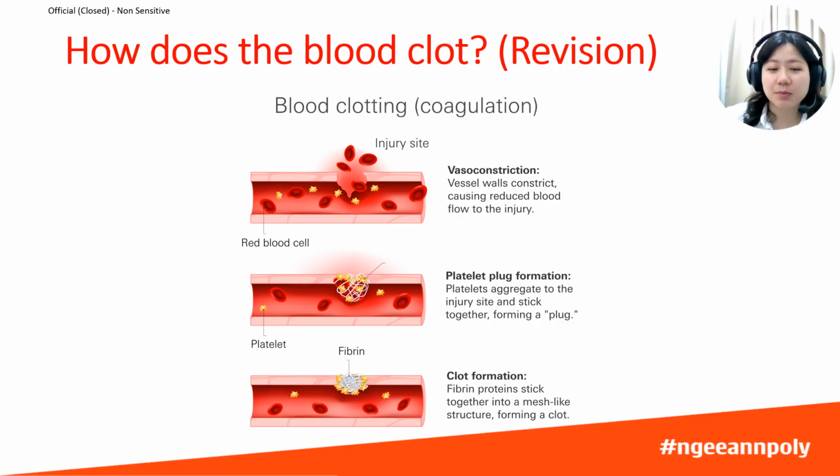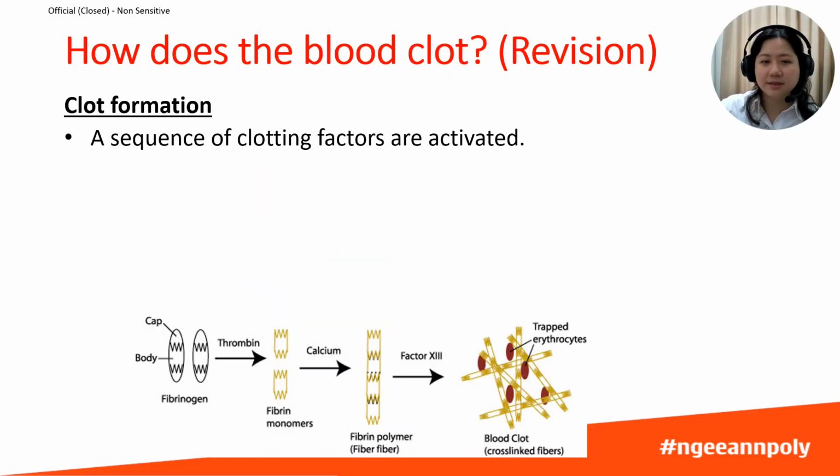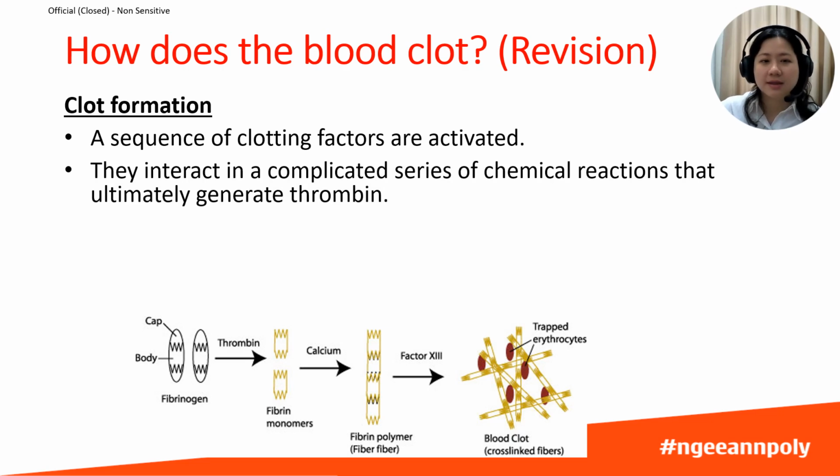Next, there is also a process of clot formation where a fibrin mesh is formed. In clot formation, a sequence of clotting factors are activated. They interact in a complicated series of reactions where one factor activates another, which activates another, and ultimately generates thrombin.